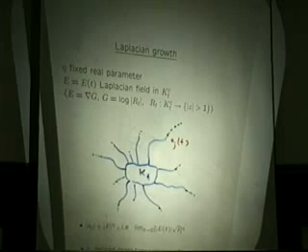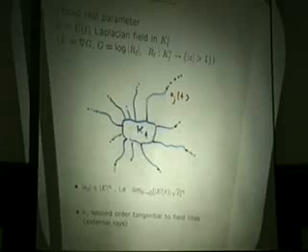So eta is a fixed real parameter, and the rules are the following: the arms follow the field lines. E is the Laplacian field.